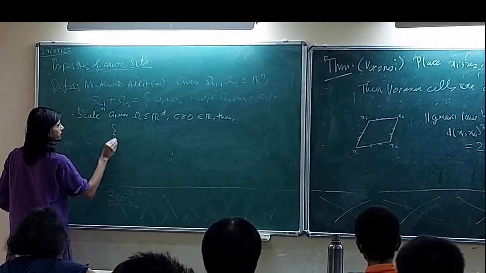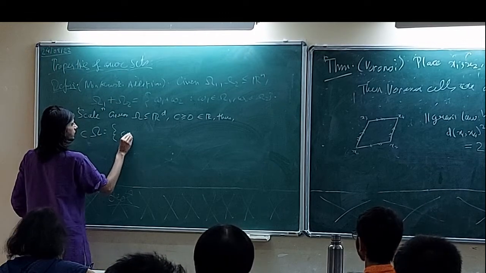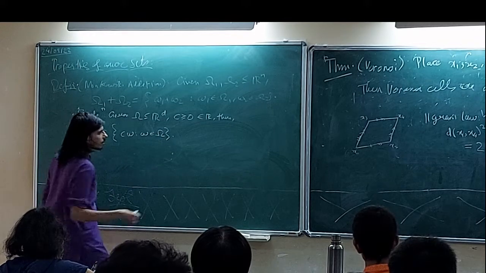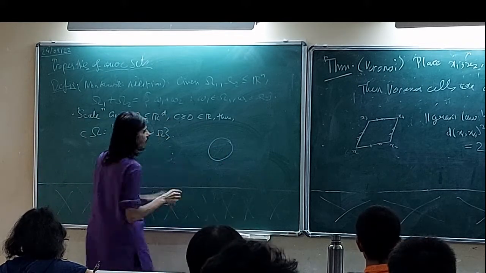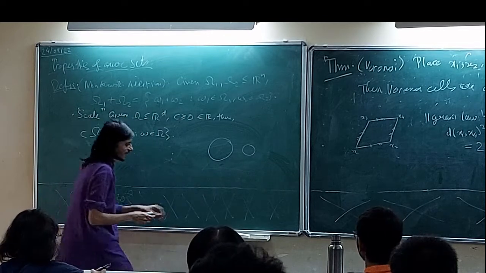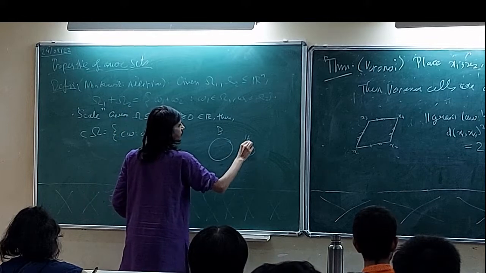So c omega is equal to c w for w in omega. If you think of a ball B, half of this ball is literally a smaller ball, half B.